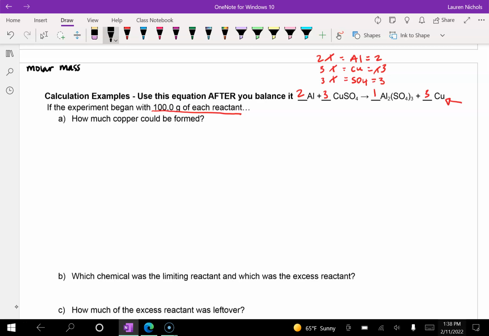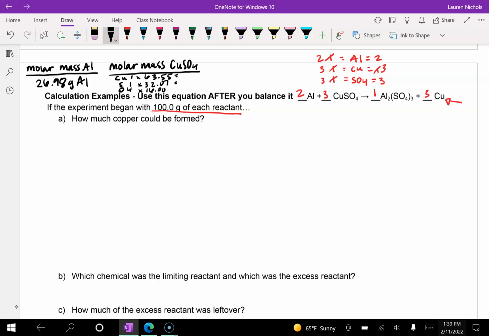So we need the molar mass of aluminum, which we know is going to be 26.98 grams. We need the molar mass of copper sulfate, which has 1 copper and 1 sulfur and 4 oxygens. So copper is 63.55, sulfur is 32.07, oxygen is 16.